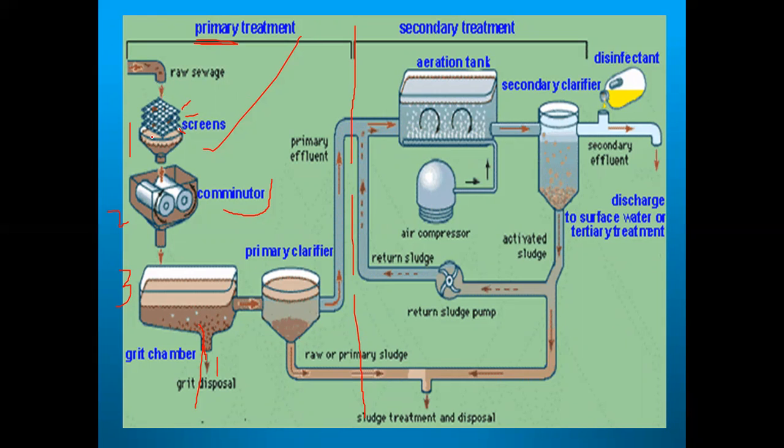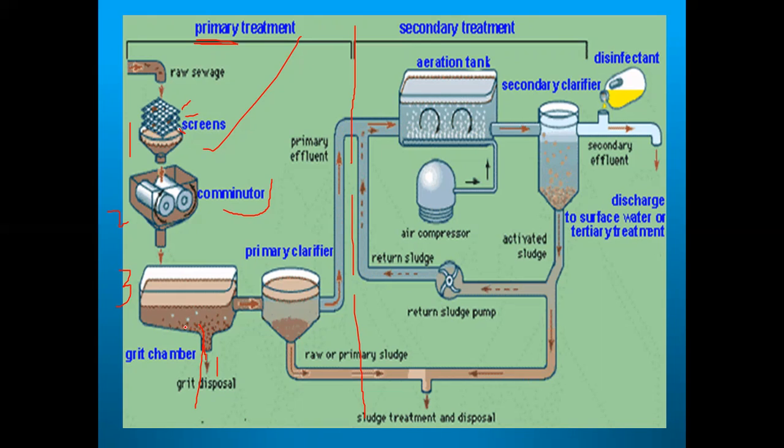What are the various types of screens you have there? From there, the water goes into the comminutor, where the solid materials are crushed, and the remaining solid waste passes from the comminutor into the grit chamber. So we have seen the grit chamber process also.